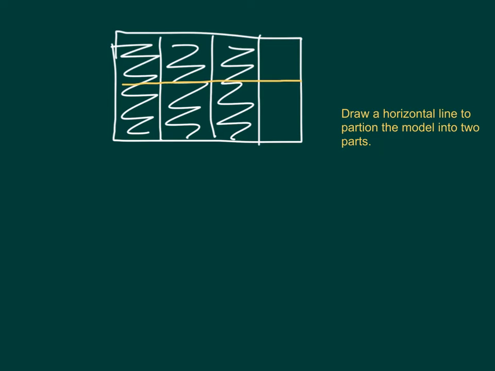When we started, we had 1, 2, 3 parts in the numerator, and we had 1, 2, 3, 4 in the denominator. By drawing a horizontal line to partition it into 2 parts, we not only doubled the numerator, we went from 3 to 1, 2, 3, 4, 5, 6.